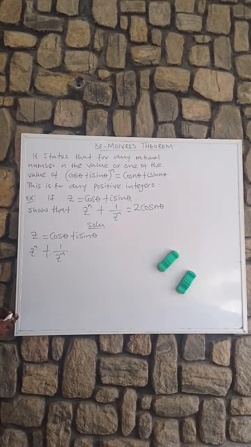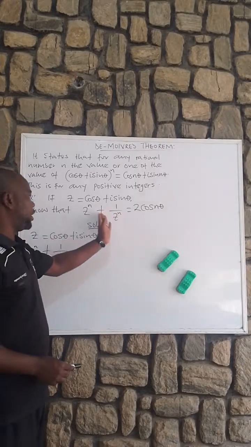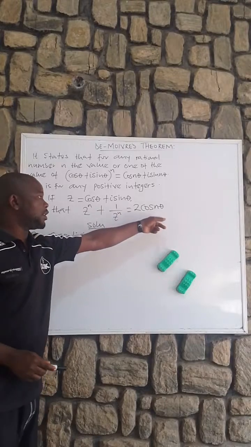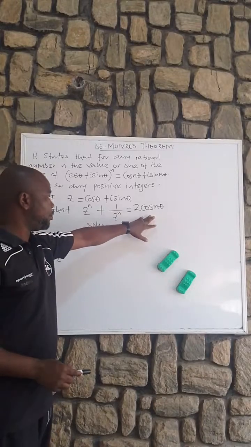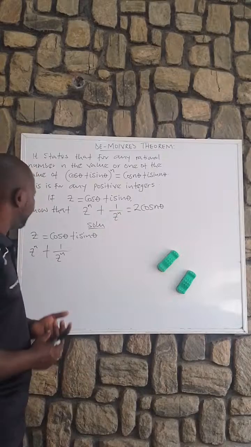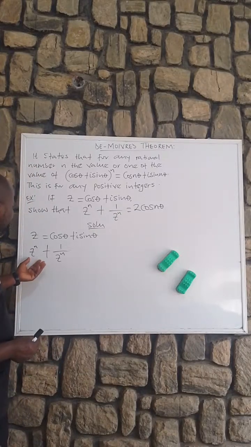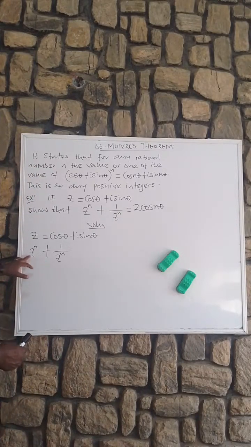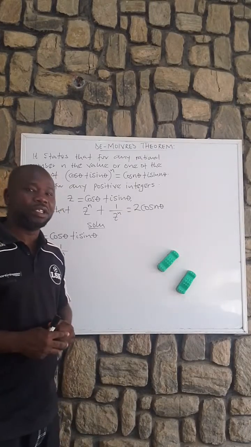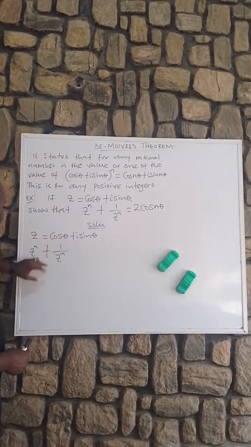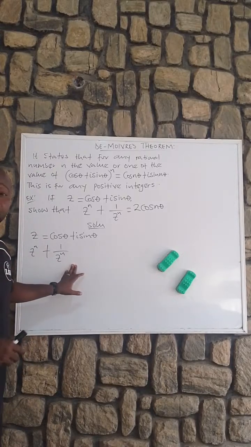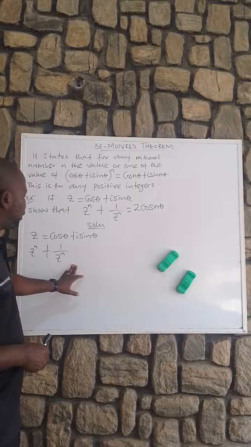As it is, we need to show that the left hand side is equal to this. That is what we are going to do this morning. You can now see that here we have z raised to the power of n plus 1 all over z raised to the power of n, true or false? So you don't need a prophet to tell you that this particular question is coming from De Moivre's theorem, true or false?